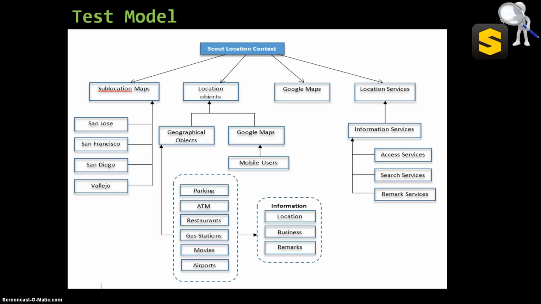We have done the manual testing on all those things, and we have also written automation test scripts for all those geographical objects. We searched using the automation script, and we verified the results using a well defined and systematic approach.